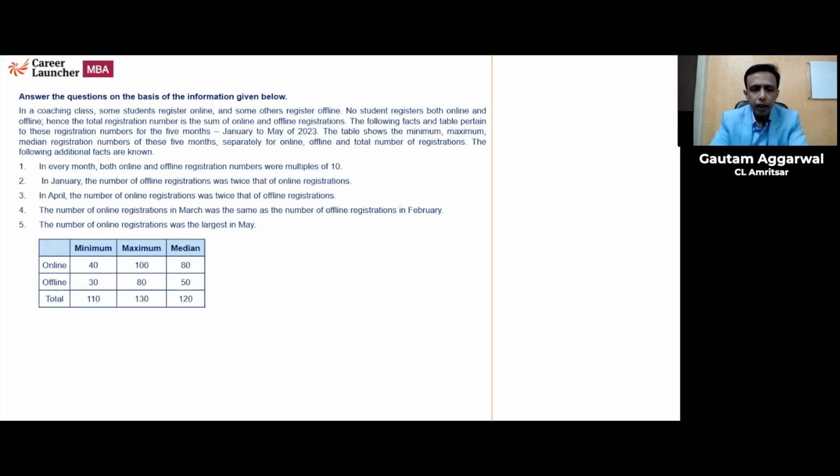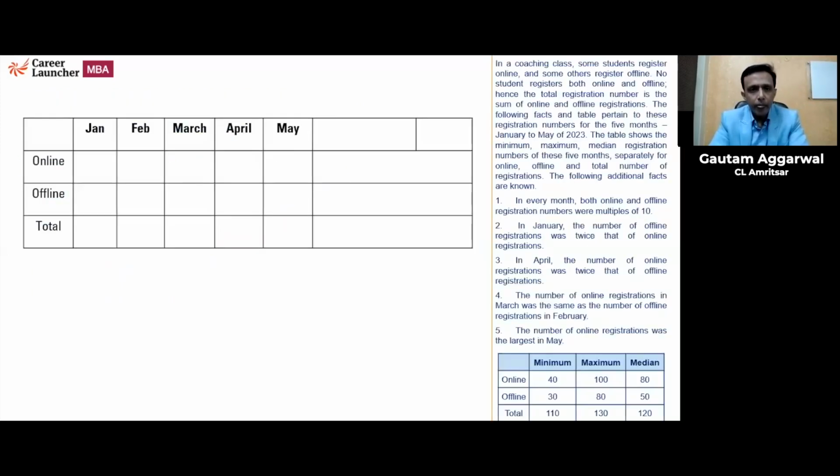So again, if we look at the data, we can figure out what the things could be. Looking at the data, I would try to figure out the exact number of online enrollments, offline enrollments, and total enrollments in each of the 5 months, taking into consideration that online registrations minimum has to be 40 among the 5 months.